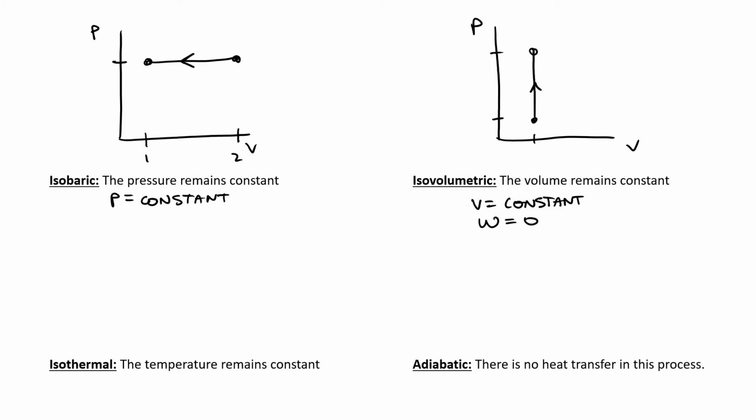Isothermal. That is something that's a bit more odd for this diagram. It's going to create something sort of like a slant, some sort of ramp. It's going to look like this.